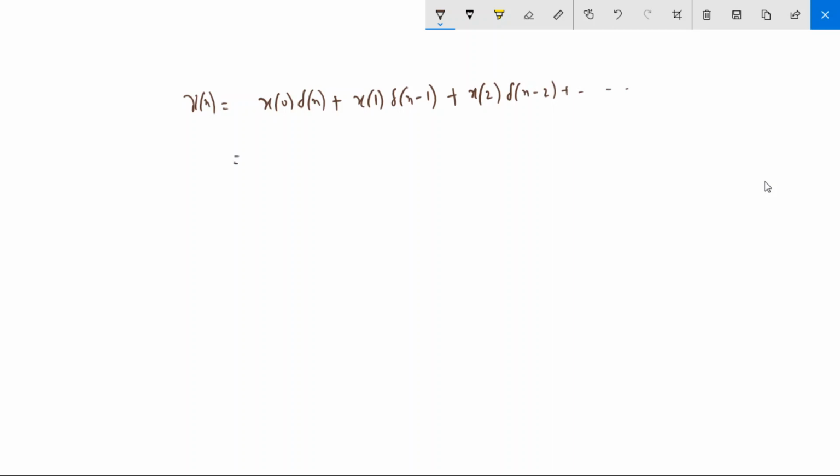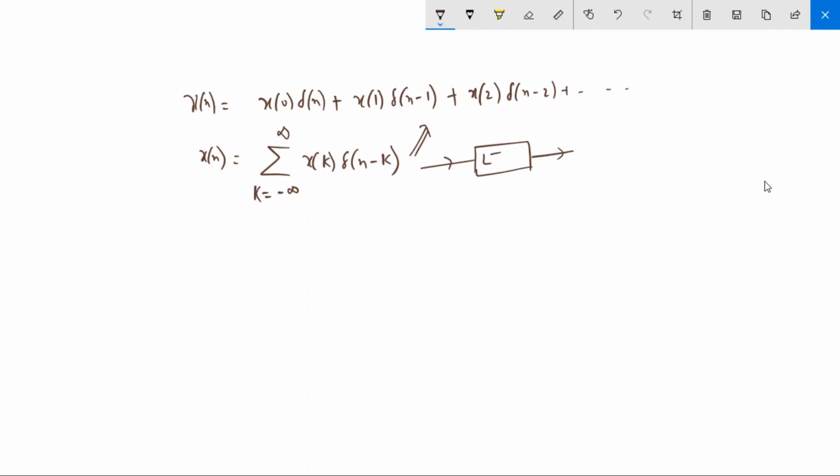So I can write in the form of a summation x of k delta n minus k from minus to plus infinity. Okay, this will simply generate this series. So for k is 0, x0 into delta n, then x1 into delta n minus 1, and so on.